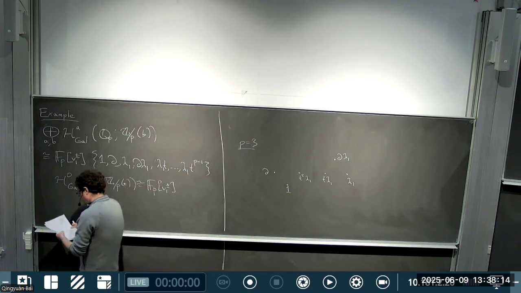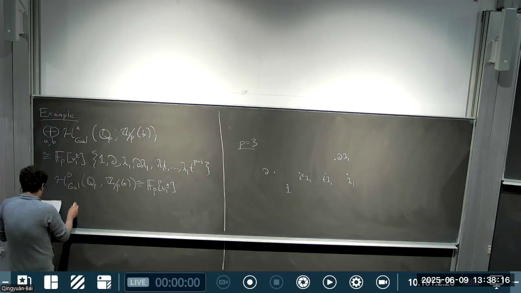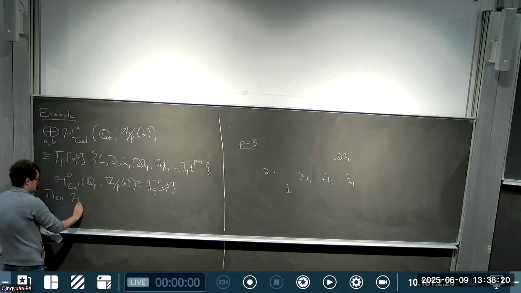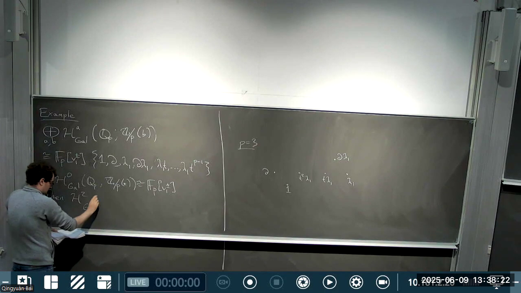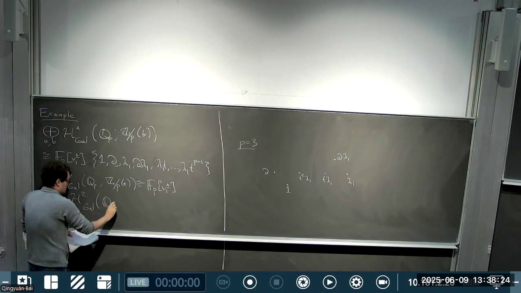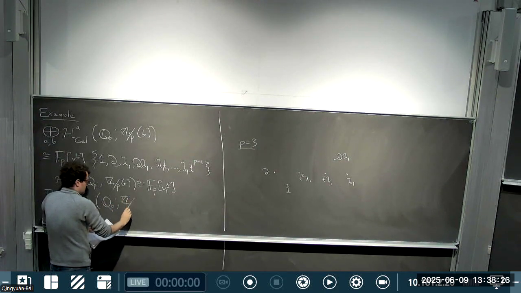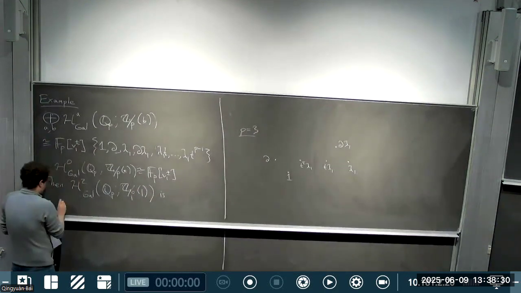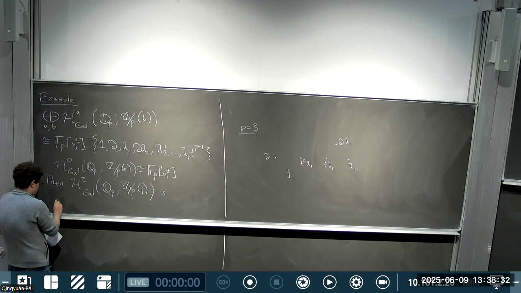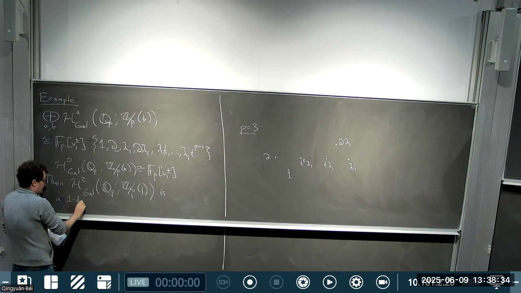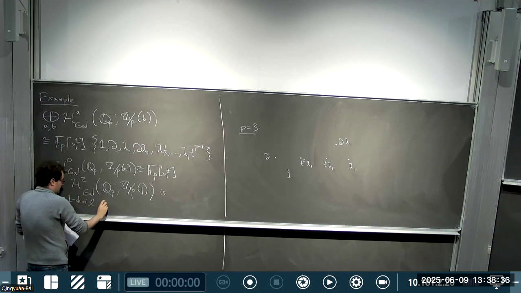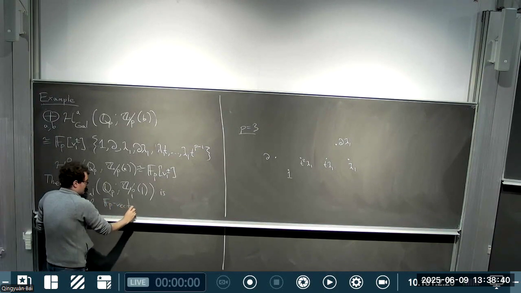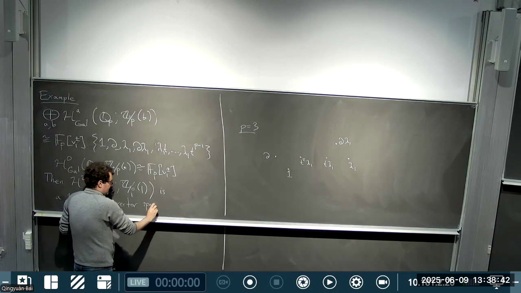And let me just say that this key group is a one-dimensional F_p vector space, as was already declared over there.